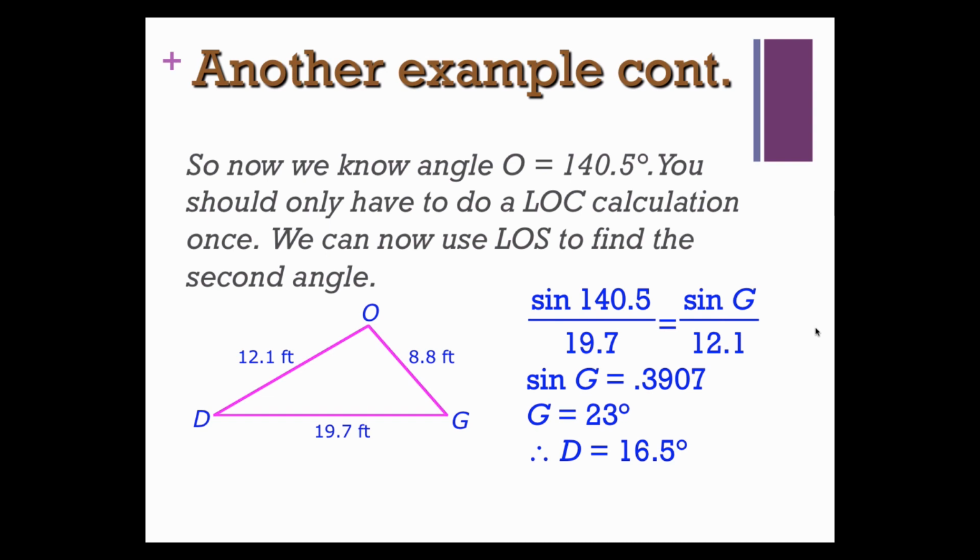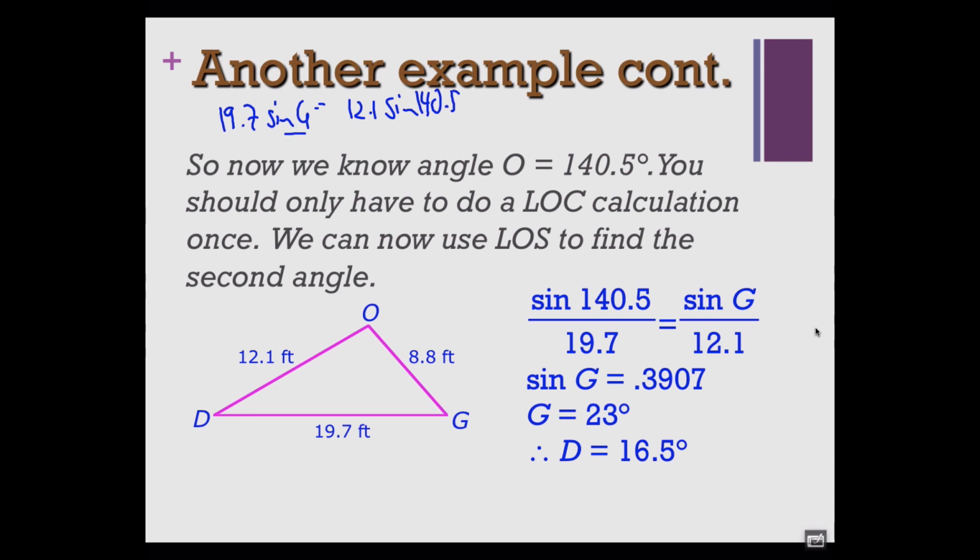Emmett, I have 12.1 sine 140 equals sine G. What do you do after that? Say that again. You cross multiply. Yeah. Okay. So you have 19.7 times the sine of G is equal to 12.1 times the sine of 140.5, correct? Yeah.